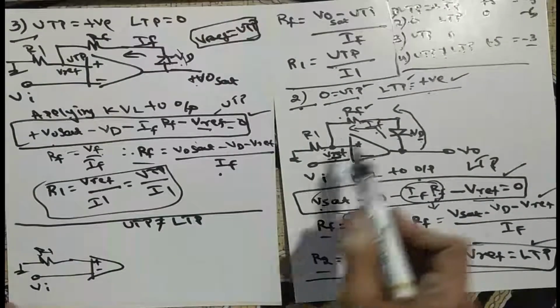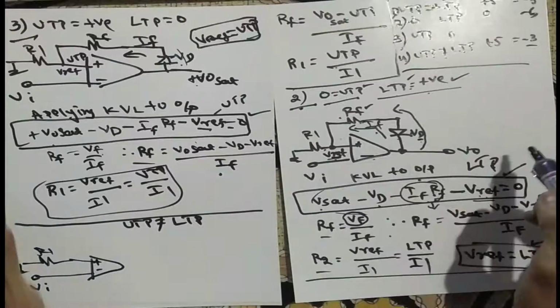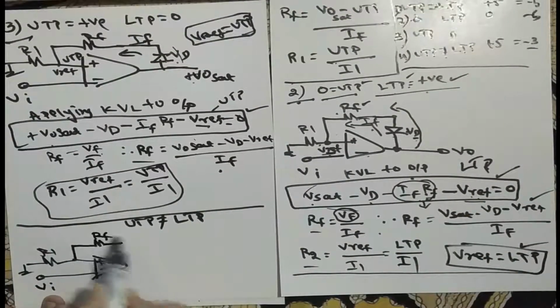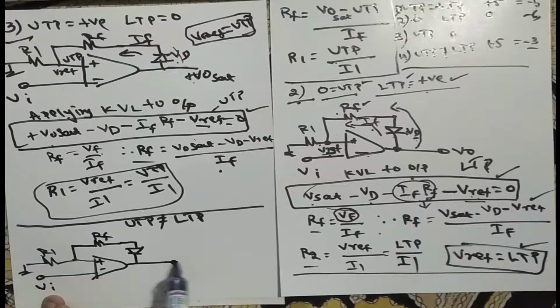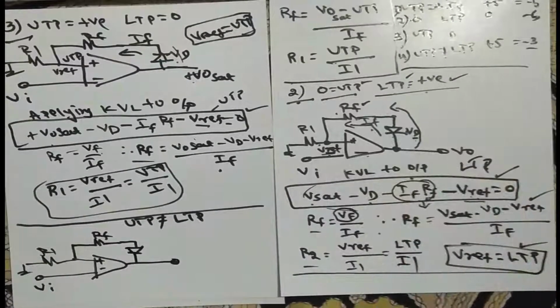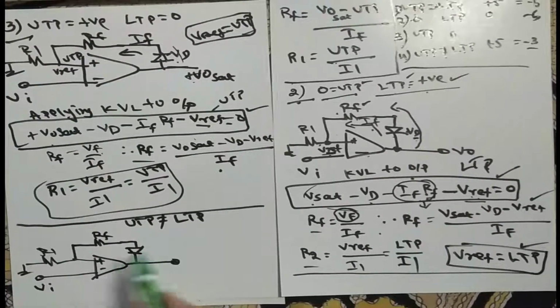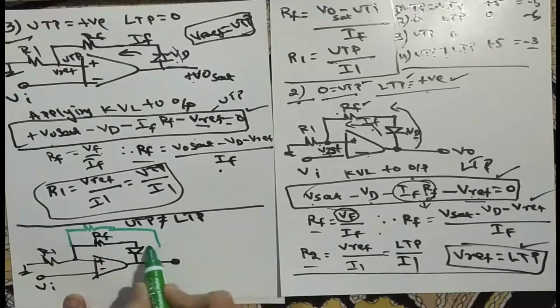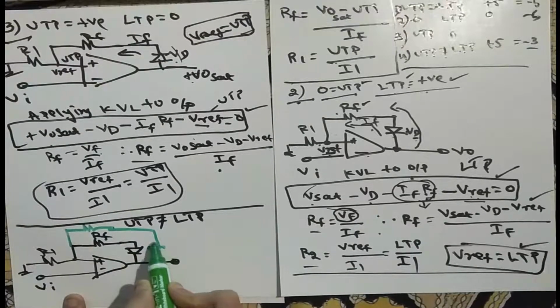First we write the second circuit as it is, with RF and the diode in this portion. Similarly you have to take it for the third also. So once again take 3. Here one more resistor and one more diode, and this time the diode is in the opposite direction.